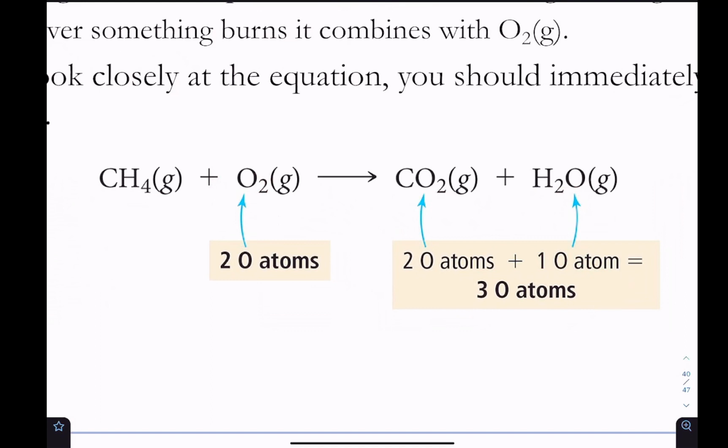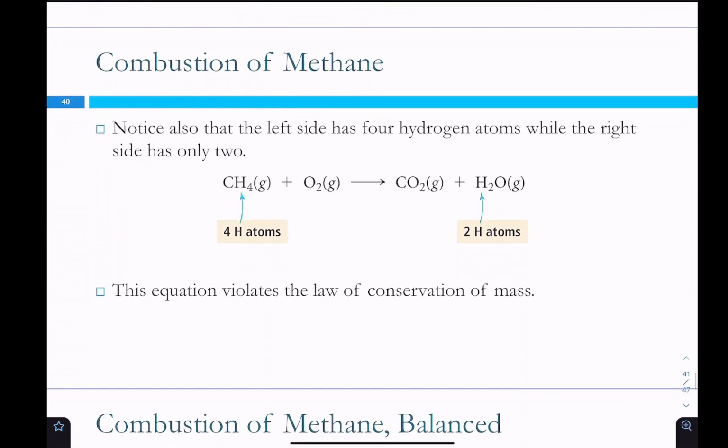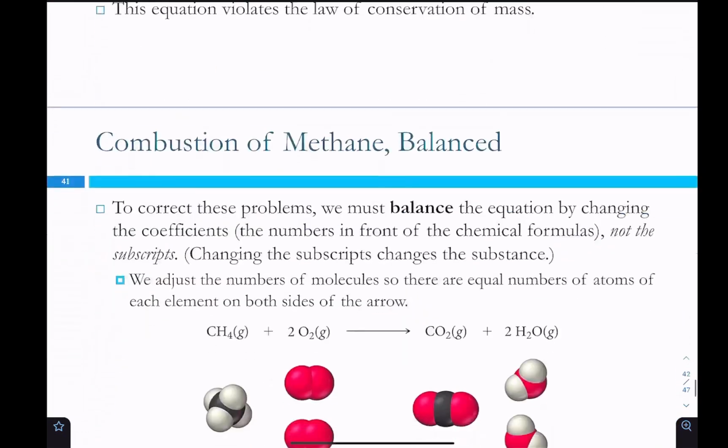We need to instead add or change coefficients to get those to be balanced. The other thing that's not balanced is hydrogen. We have 4 atoms of hydrogen in the reactants and only 2 atoms of hydrogen in the products. So that violates the law of conservation of mass.